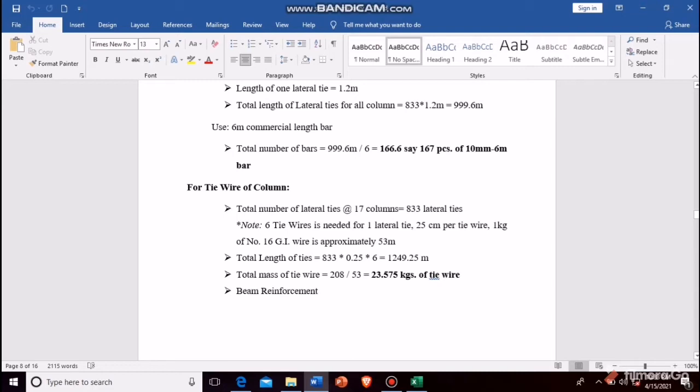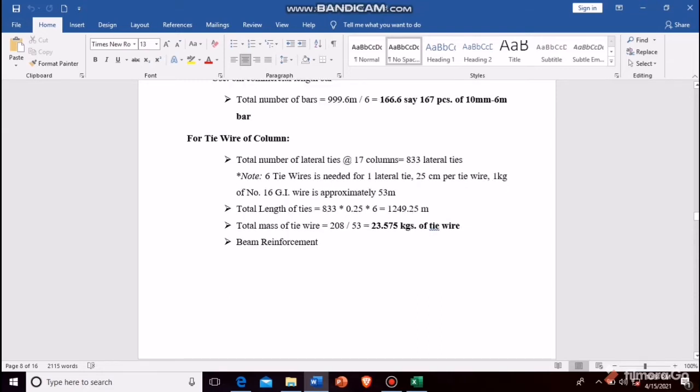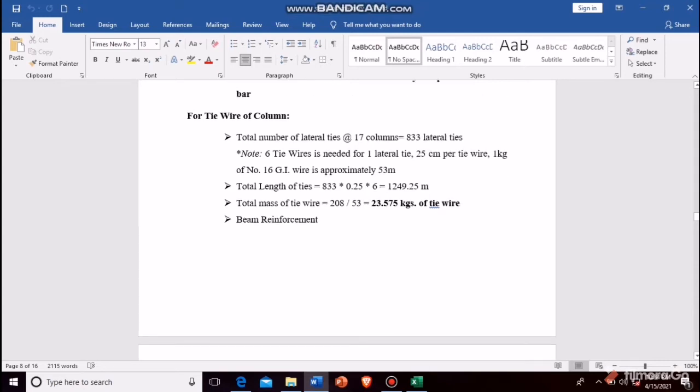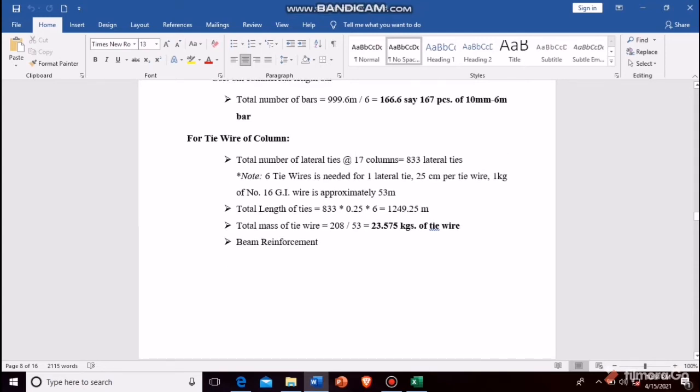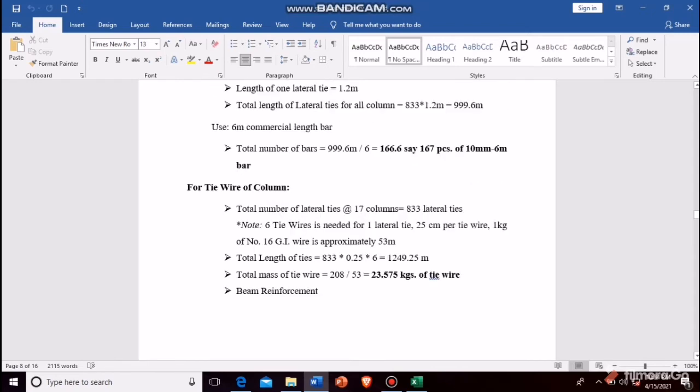And the total mass of tie wire is 1249.25 over 53, that is equal to 23.575 kilograms of tie wire.